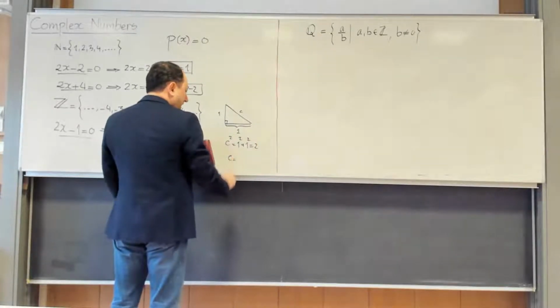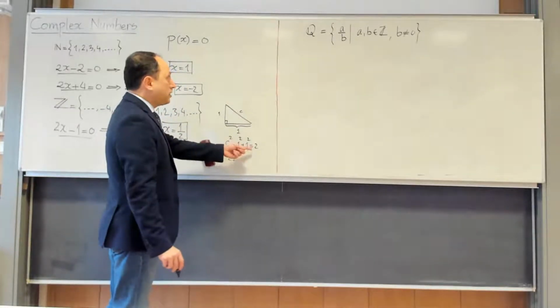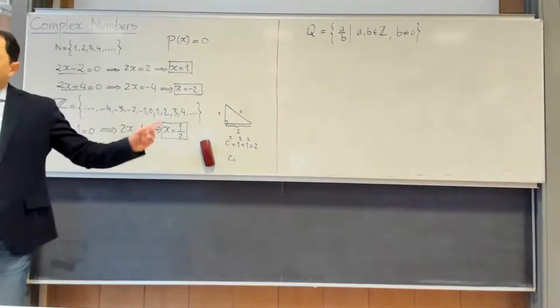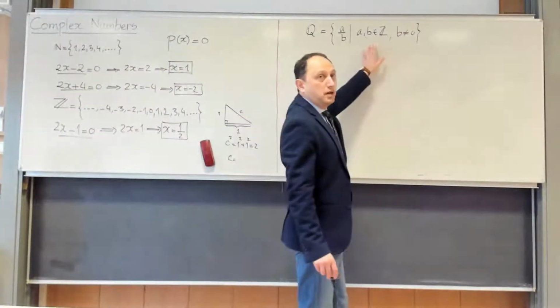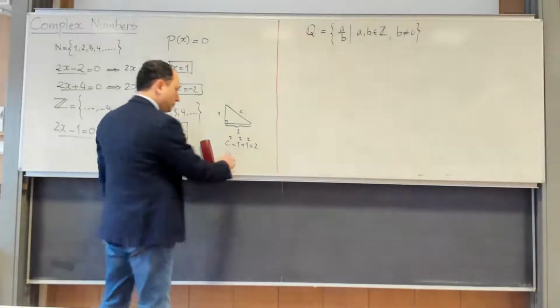So they were looking for a number whose second power is 2. They thought that this number should be there, but the proof came later that no, you cannot find any number here so that when you square it, it becomes 2.